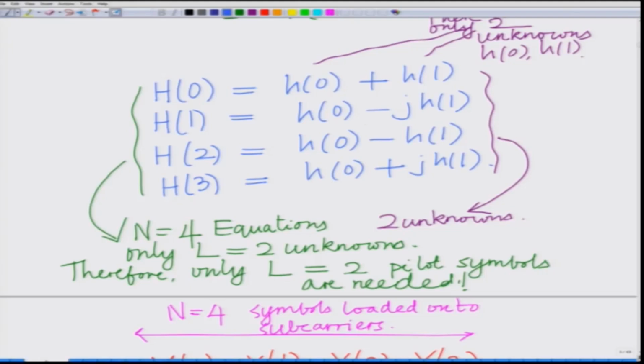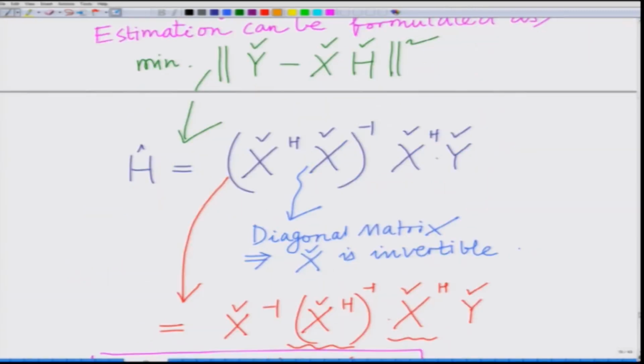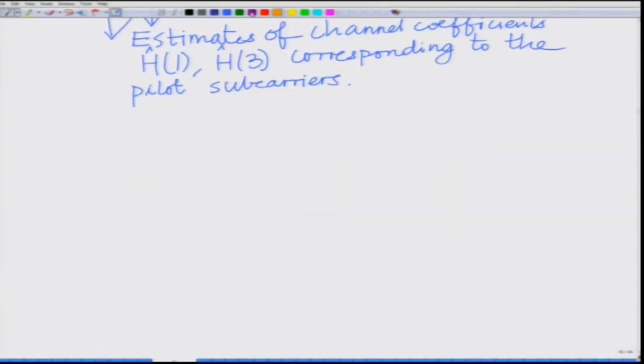If you go back and look at these channel coefficients in the previous module, the channel coefficients on the subcarriers can be expressed in terms of the channel taps. So, I have h 1 which can be expressed as h 0 minus j h 1, and h 3 which can be expressed as h 0 plus j h 1.